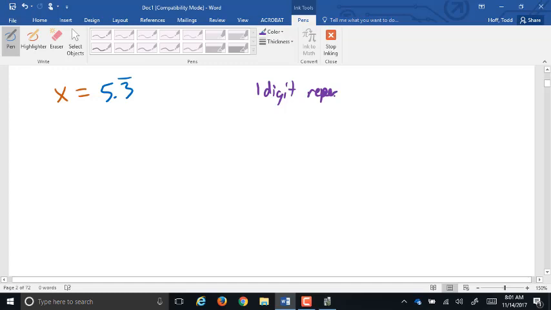Since 1 digit repeats, we're going to multiply by 10 on both sides. So x times 10 is 10x. Think of 5.3 as 5.333333, right? Multiplying by 10 just moves the decimal over once. That's 53.333333. Make sense?